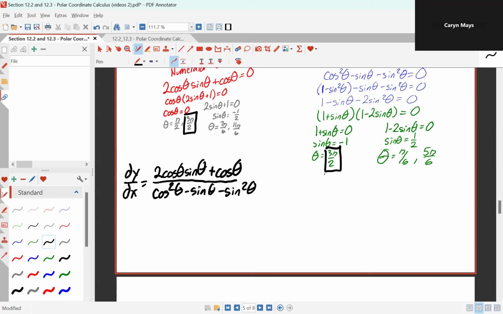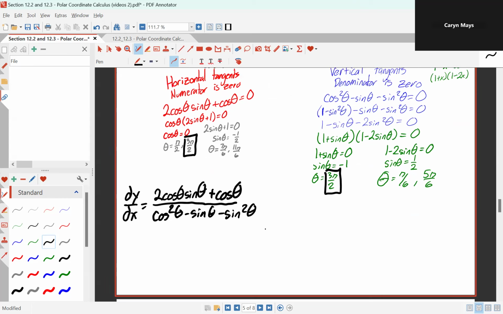And what we have just shown is if we plug in 3 pi over 2, the numerator will be 0 and the denominator will be 0. Both will be 0. We'll get a 0 over 0 form, and that's indeterminate. It can't be both a horizontal and vertical tangent. We need to figure out how to deal with this indeterminate form.